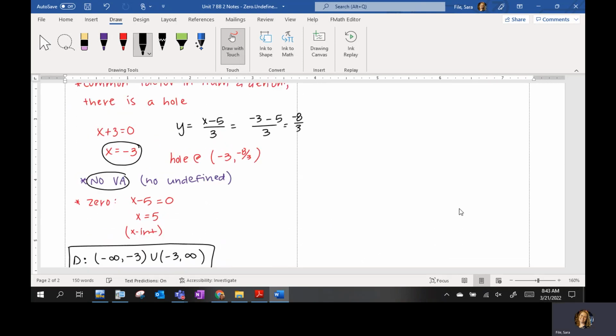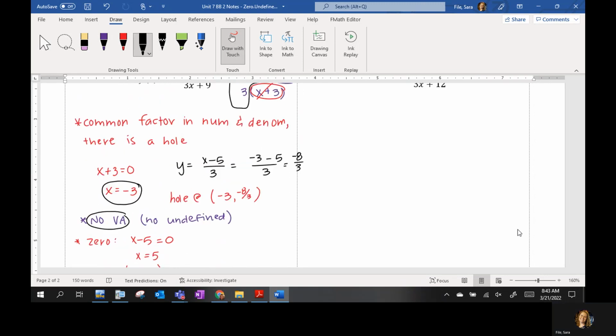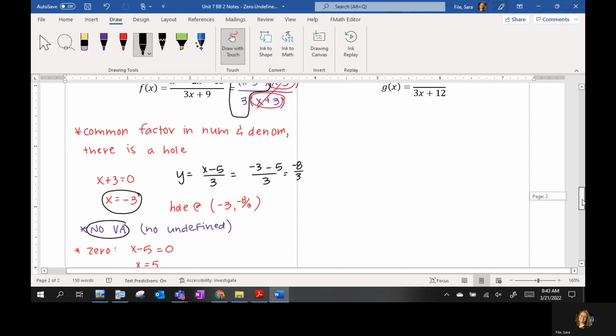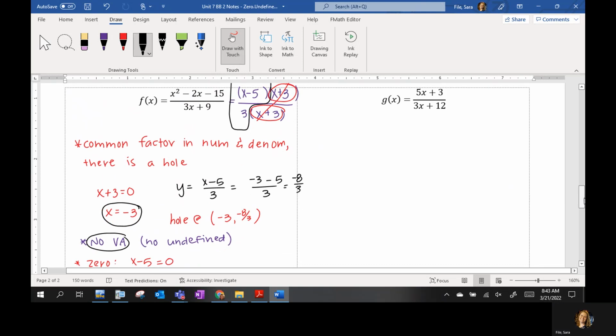Okay, we're going to try that with this one on the right. G of x here. All right. Nothing to factor out of the numerator, is there? 3 and 5, no GCF. Okay, so nothing to factor, so nothing's going to reduce and cancel out.